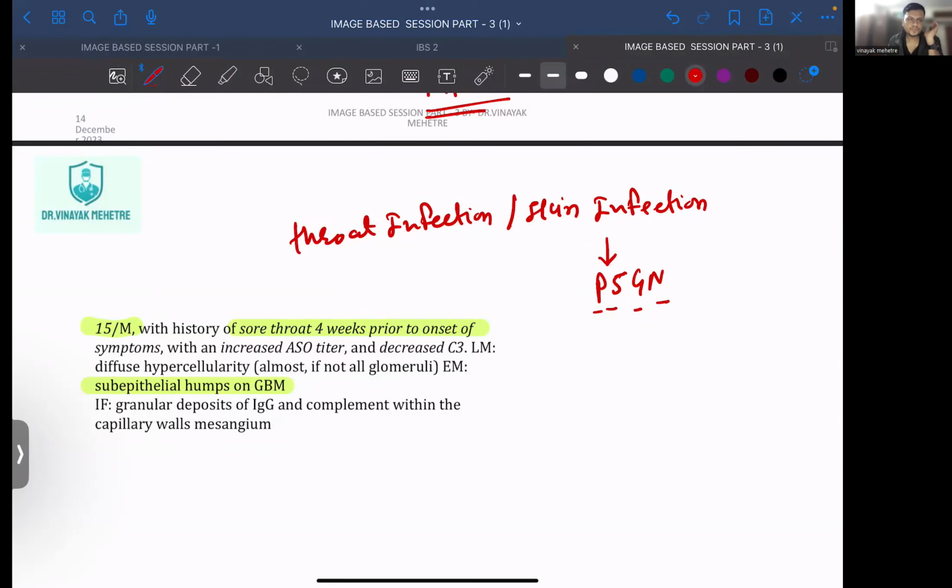That's it. Okay, just remember, skin and throat infection, don't even need to think, answer is going to be always PSGN.